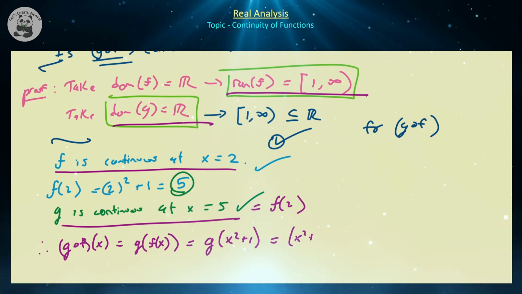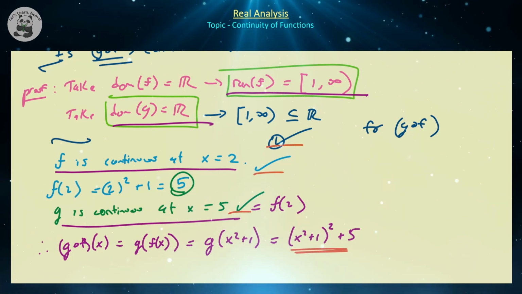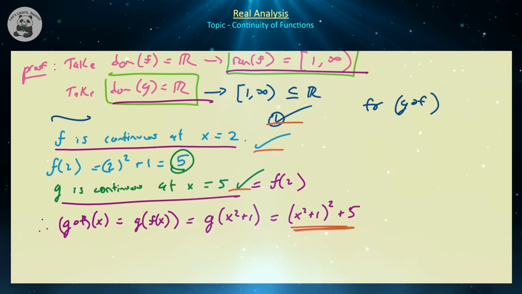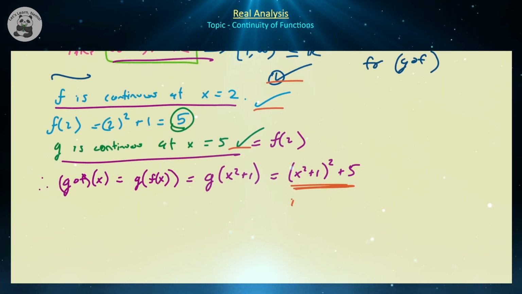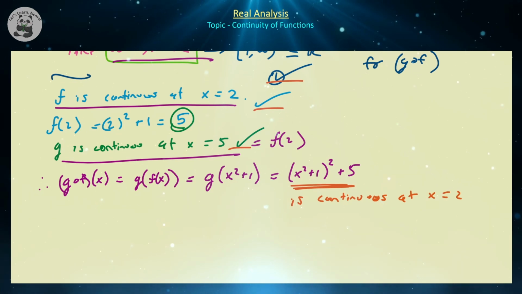So it's x squared plus 1, squared, plus 5. Since we've checked these 3 entities, we have that this function, which is a degree 4 polynomial once you expand it out, is continuous at x equal to 2.